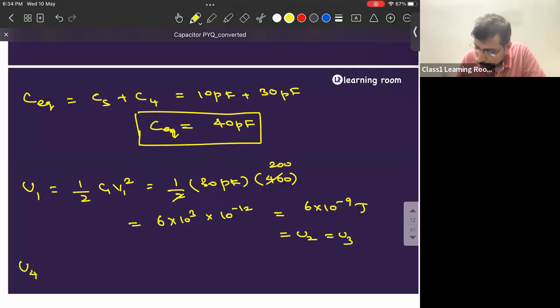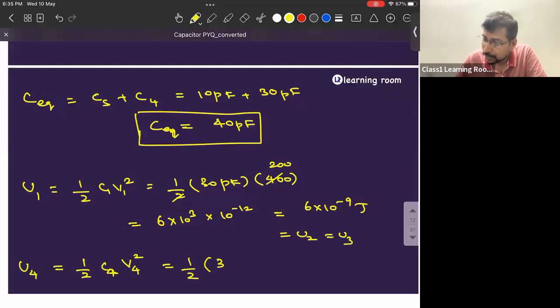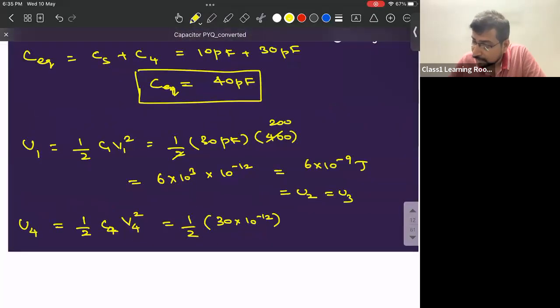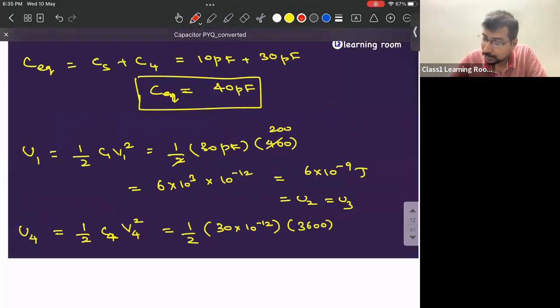Whereas for U4, if you calculate, it will be half into C4 into V4 square. It will be half into, what is the value of C4? It is 30 into 10 power minus 12 into V4 is 60. So 60 square is 3,600. So the answer will be half into 108 into 10 power 3 into 10 power minus 12.